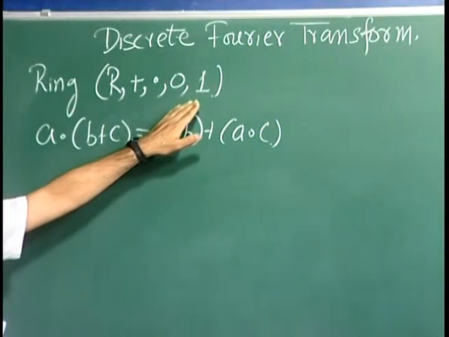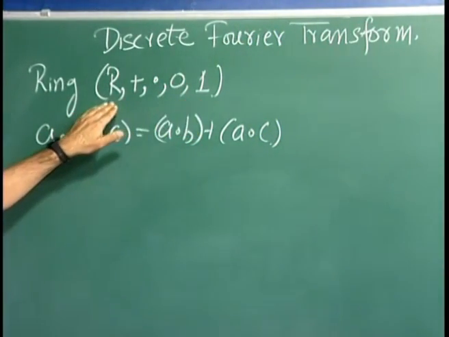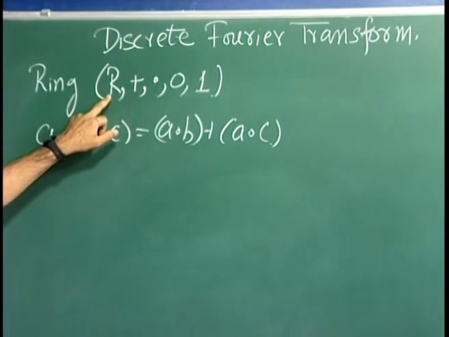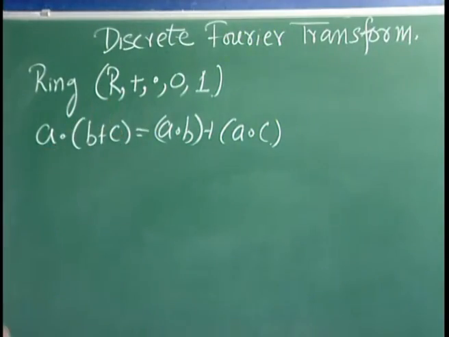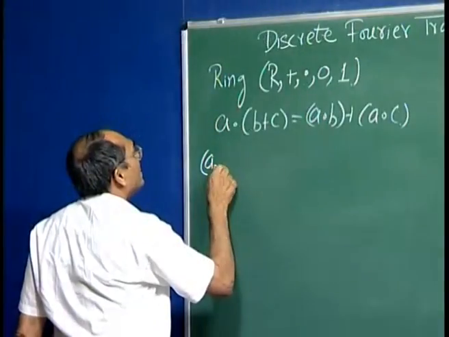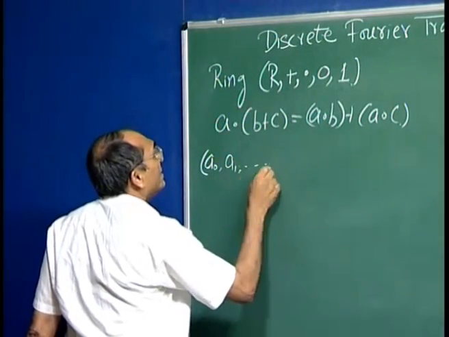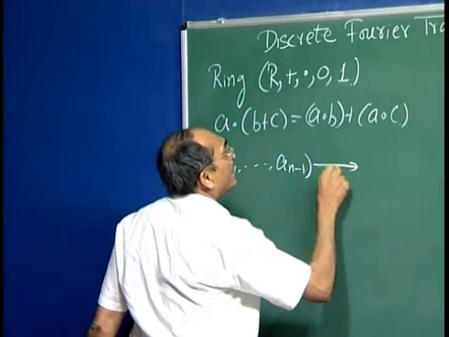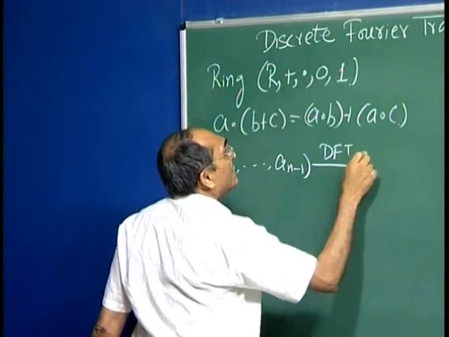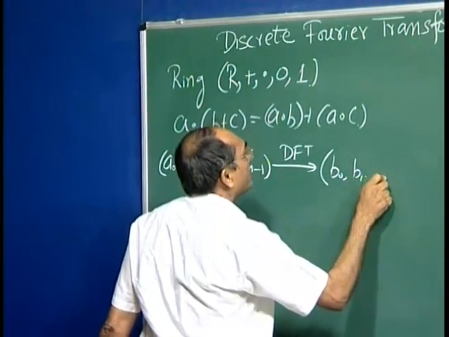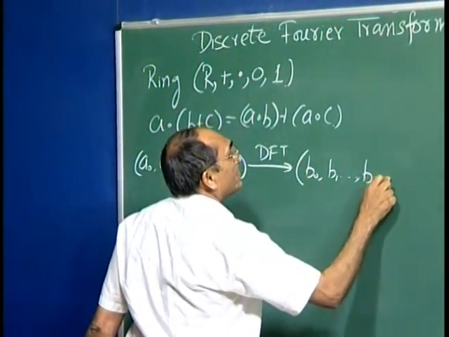Now, given a vector on this ring, so components of the vector belong to this ring. So, I have an n vector A0, A1, up to A(n minus 1). Its discrete Fourier transform is a vector B0, B1, up to B(n minus 1).